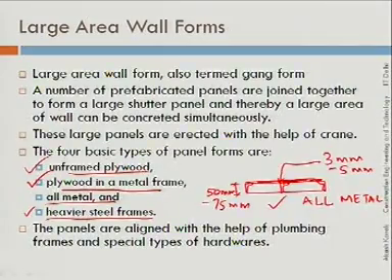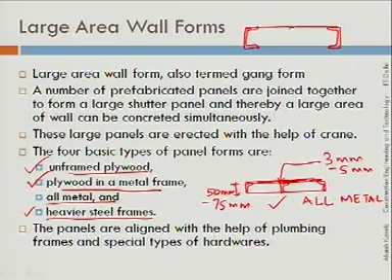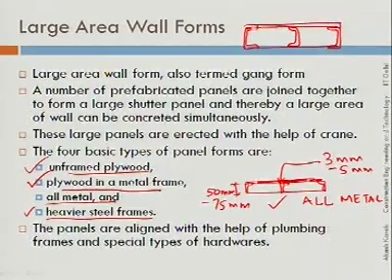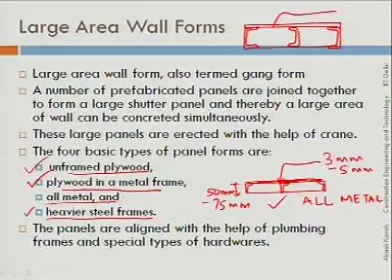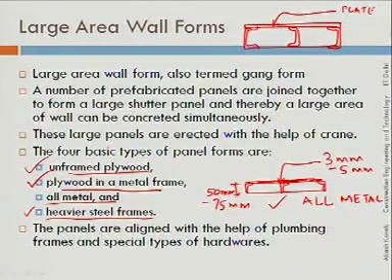So, maybe there could be an arrangement like this. You may be using, let's say, some channel section, something like this, and then maybe inside also you have some section. You make a box and then you put the plate here, steel plate. So this can resist very high pressure.